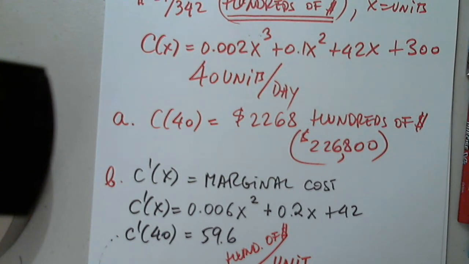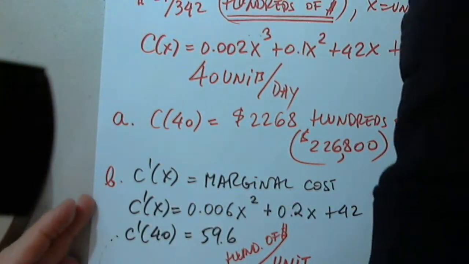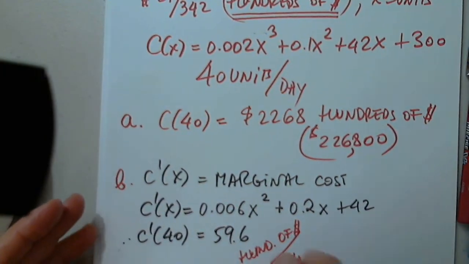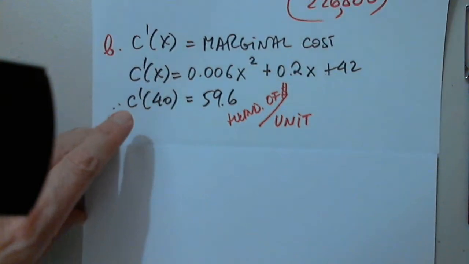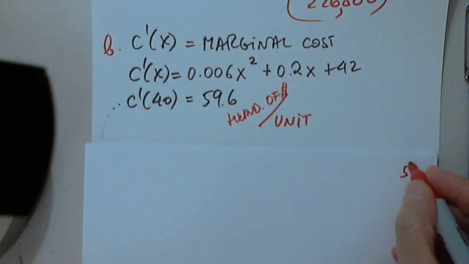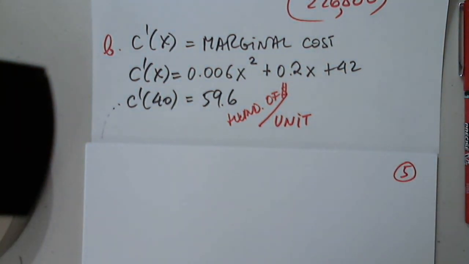Use marginal cost to estimate the difference in cost between producing... I'm sorry, I was reading from 28. Use the result from part B to estimate the daily cost of increasing production to 42 security systems daily. So use the marginal cost to estimate. One more time. Here it is.